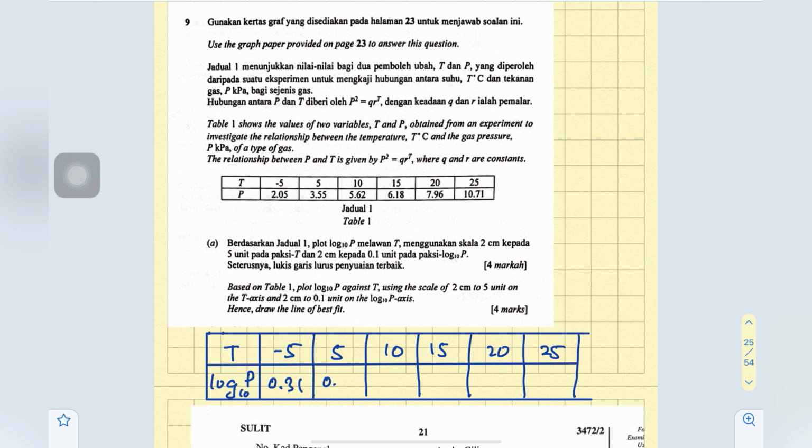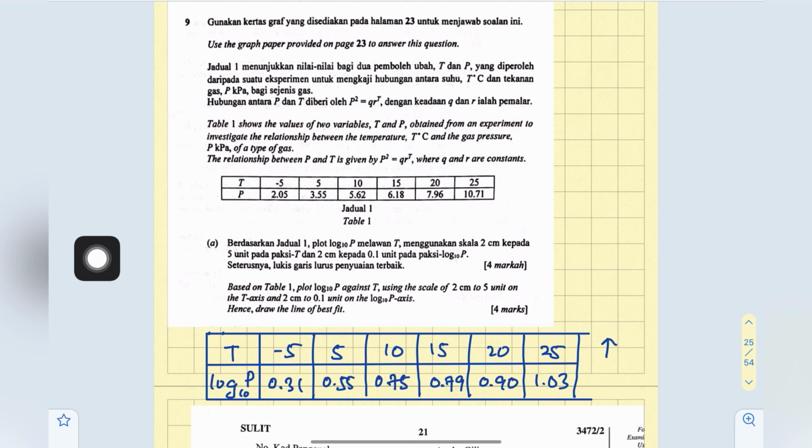This one 0.55, 0.75, this one 0.79, 0.90 and 1.03.